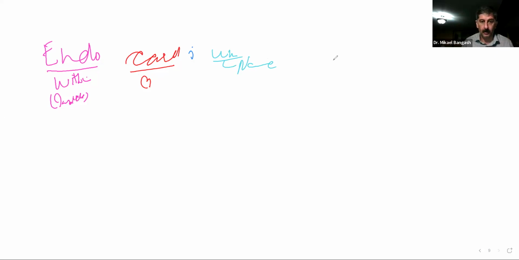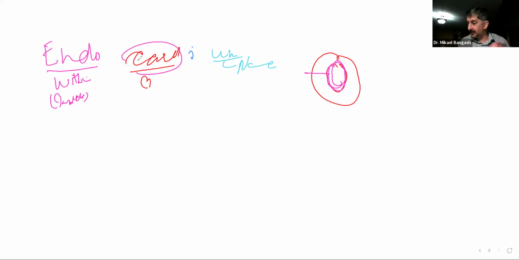Mainly because if you look at the heart, it's the structure found on the inside of the heart. We'll talk more about the endocardium when we talk about the heart in our circulatory system.